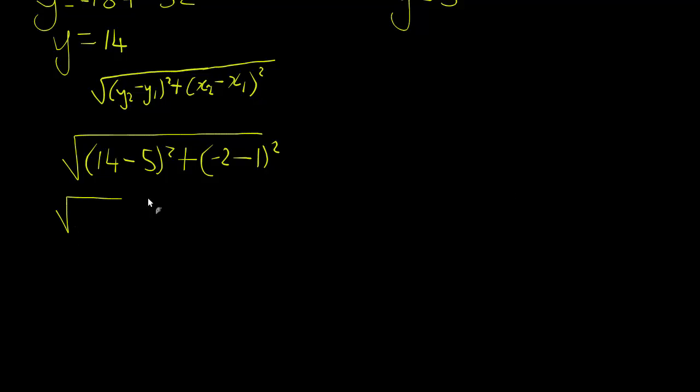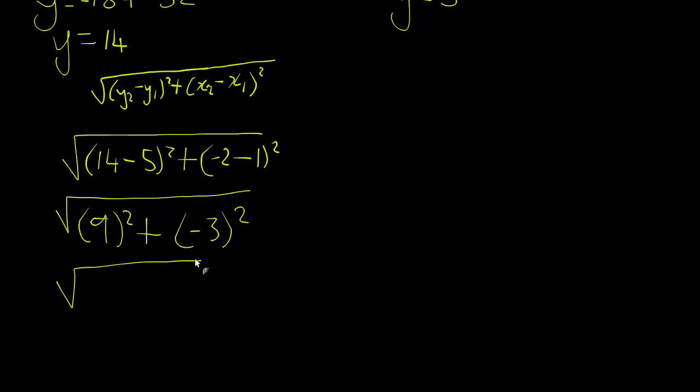Figure out what this actually is. So that's going to be the square root of 14 minus 5 is 9, plus minus 2 minus 1 is minus 3, so that's minus 3 squared. So that gives us 9 squared is 81, plus 3 squared is 9.